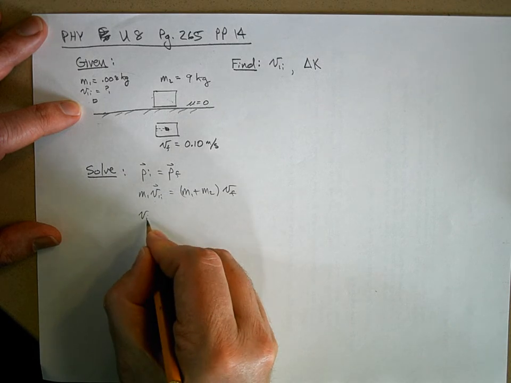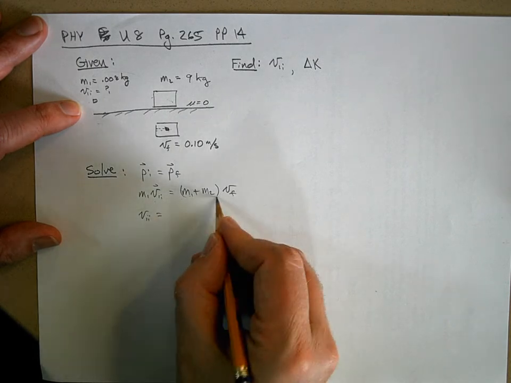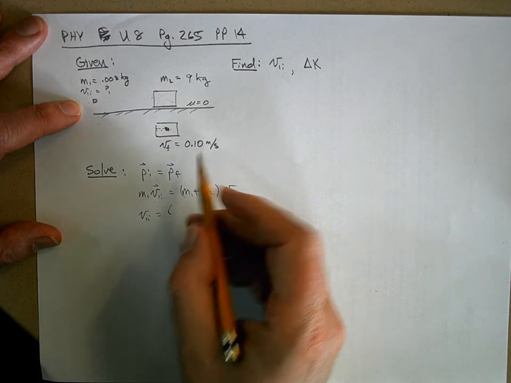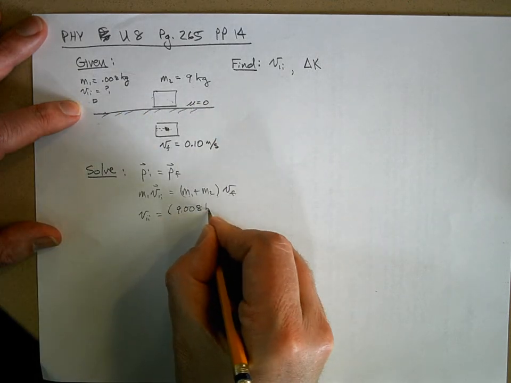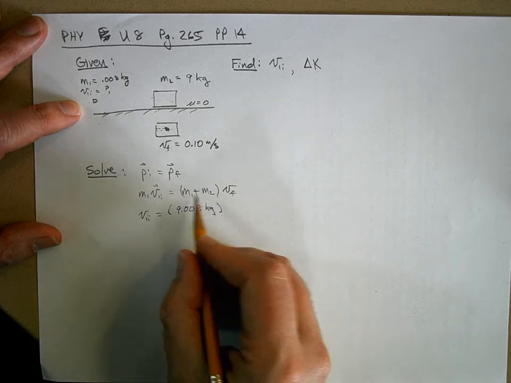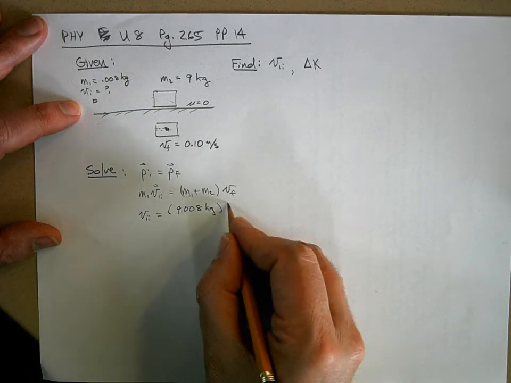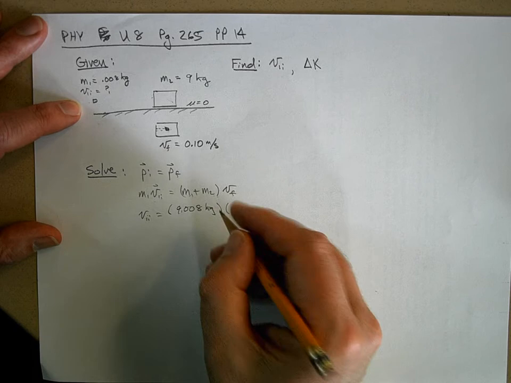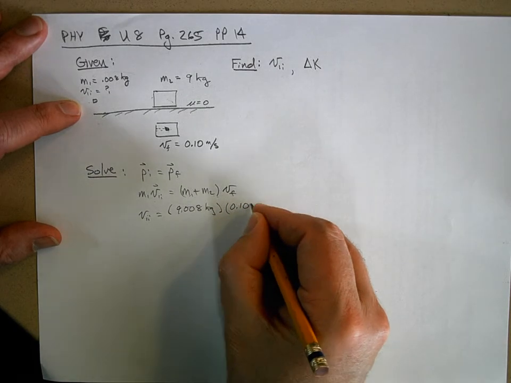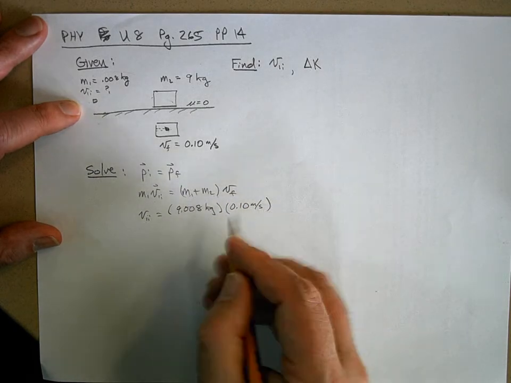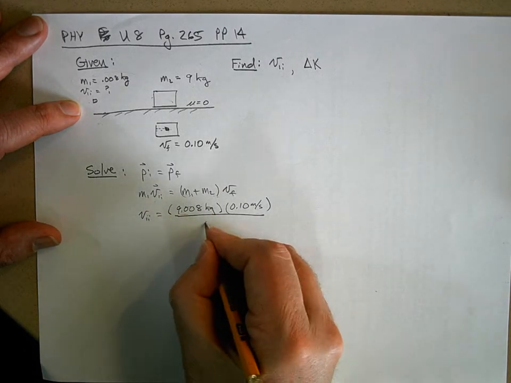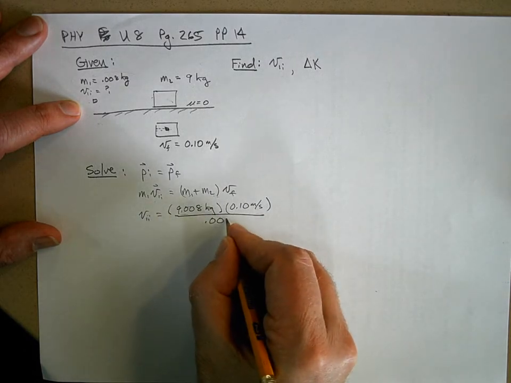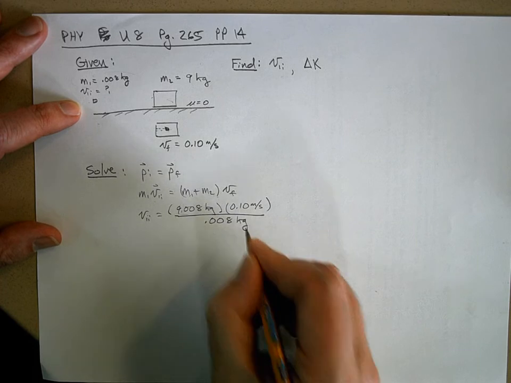So V1 initial is equal to the combined masses, 9 plus 0.008, so it's 9.008 kilograms. That's M1 plus M2 times V final, which is 0.10 meters per second, divided by M1, 0.008 kilograms.